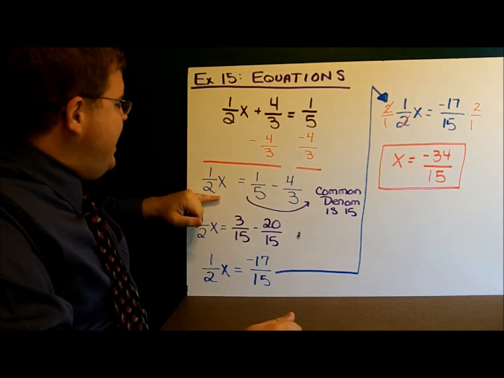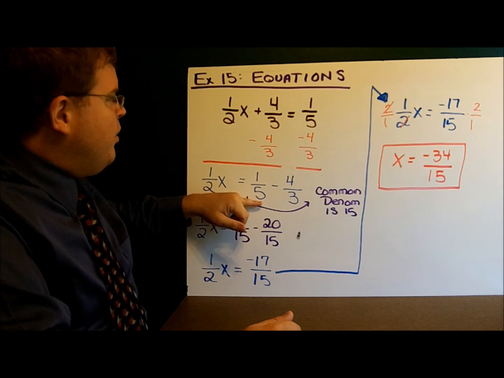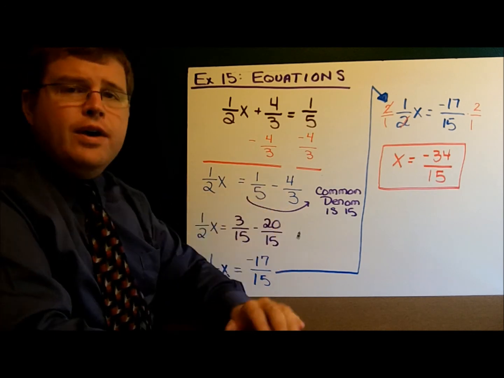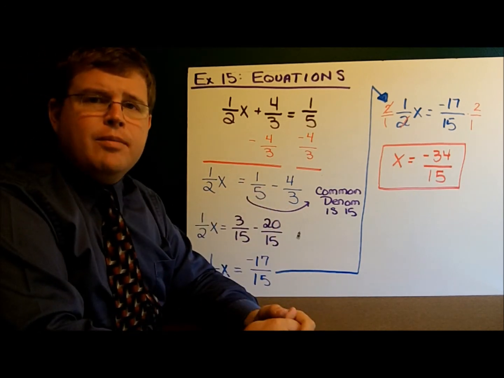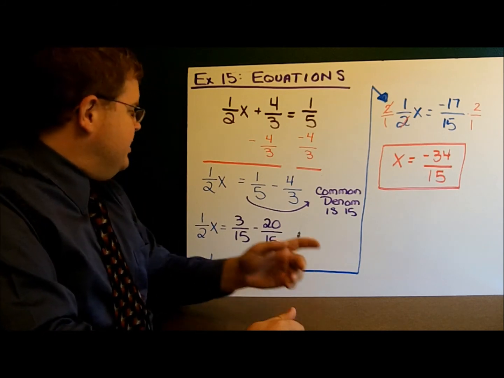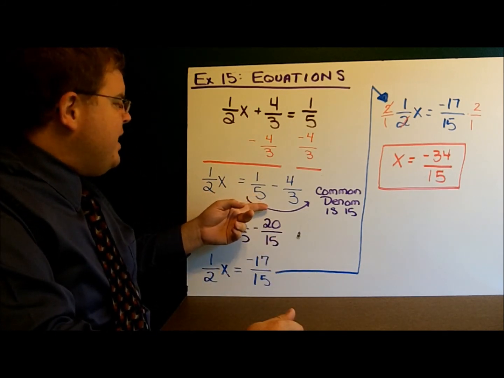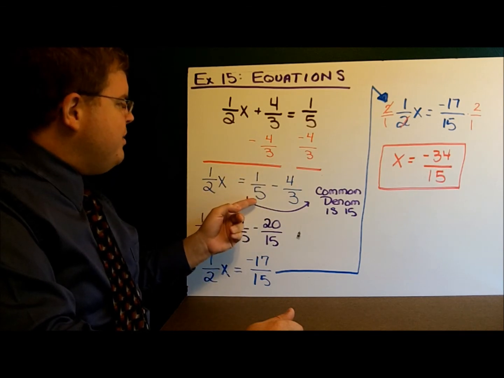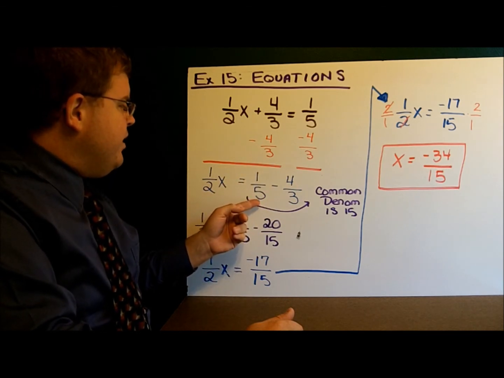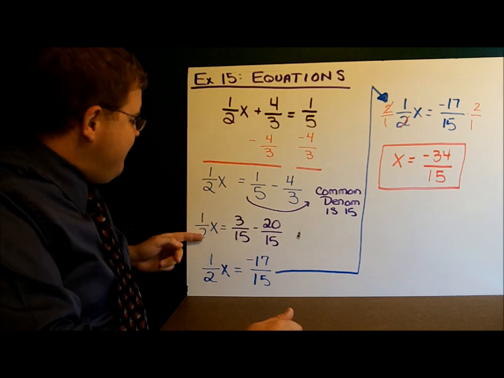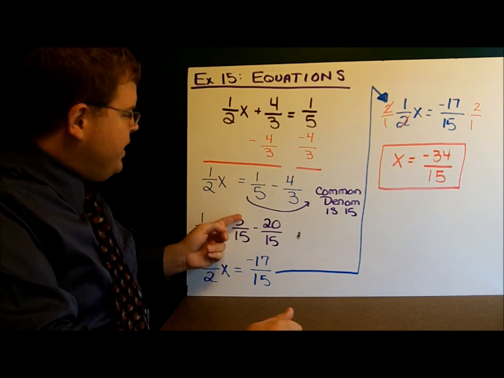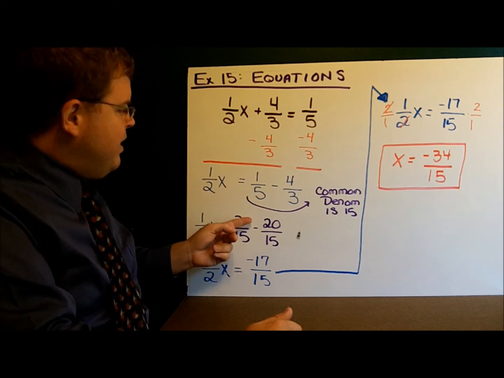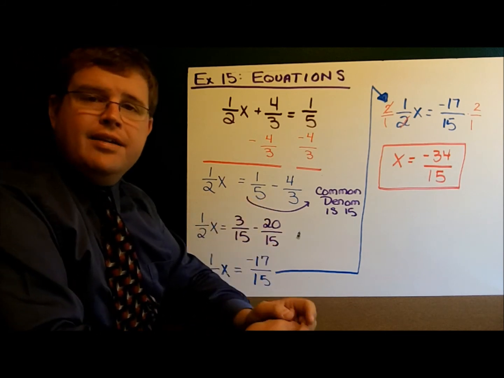So I have 1/2 x equals 1/5 minus 4/3. I just subtracted from both sides. I can do that. Now I'll get a common denominator so I can do the subtraction over here. The common denominator is 15, which means I'll have 1/2 x equals 3 over 15 minus 20 over 15.